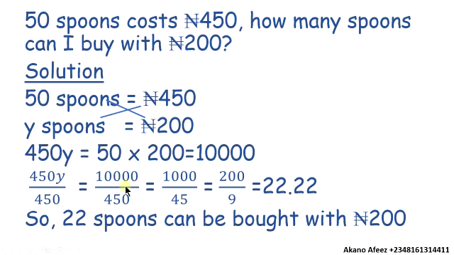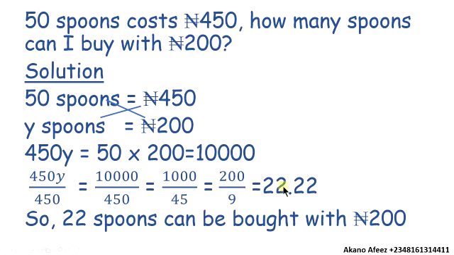10,000 divided by 450, this 0 cuts this 0, we are left with 1,000 over 45. 5 can divide both sides. So 1,000 divided by 5 gives us 200. 45 divided by 5 gives us 9. If we divide this, it gives us 22.22.